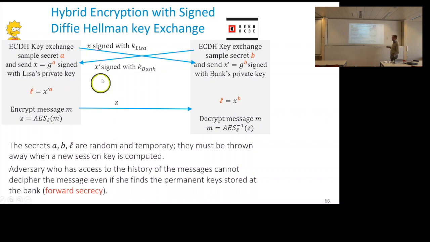Of course, if you have access to the disk and this would be stored in clear text in the disk, in the log, then you would be able to decrypt it. But hopefully your security software will not store on permanent storage the secret keys that are supposed to be secret and temporary. Then anybody who has access to the logs here, and even to the public and private keys here, will not be able to do the computation, at least as long as the discrete logarithm remains a hard problem.